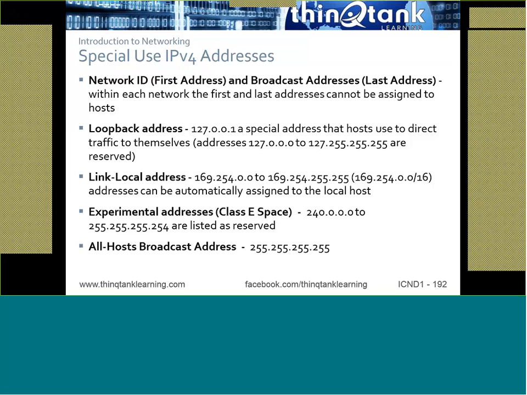You can use 169.254 to communicate, as long as you have other hosts on that network that are programmed to respond. Okay? A lot of times you'll see this type of addressing used for workstations called diskless workstations. They don't have any hard drives. They boot up into memory from another device on the network.